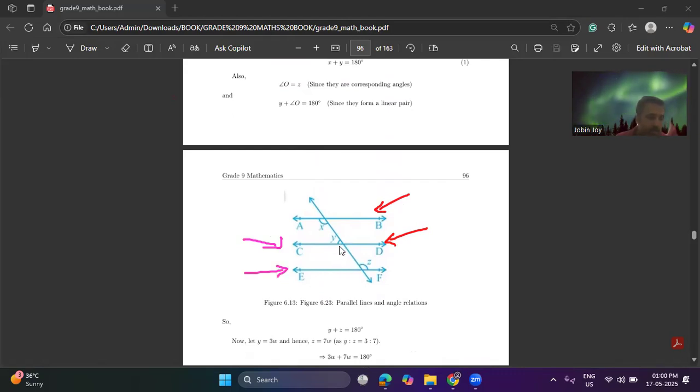And y to z, that means y by z is equal to 3 by 7. Calculate the value of x.